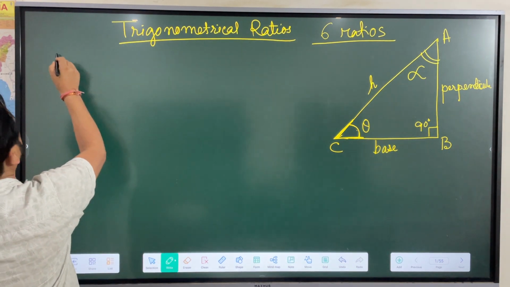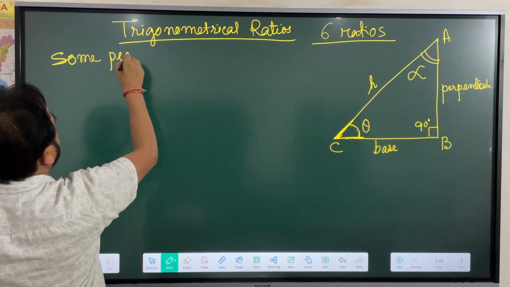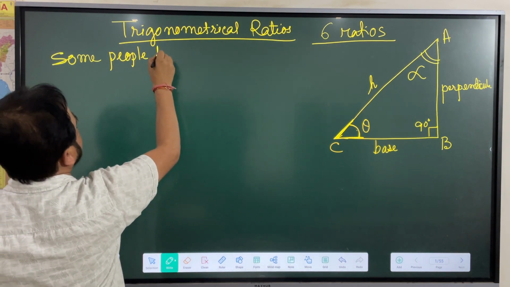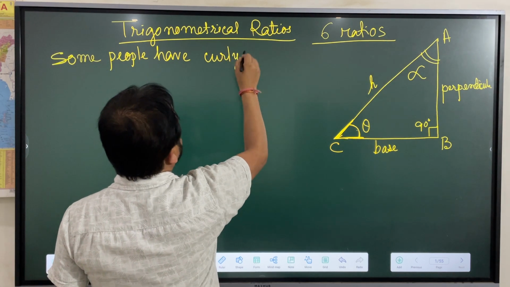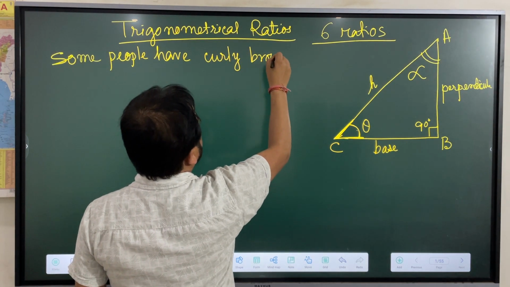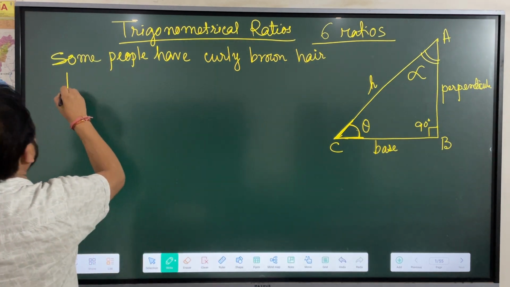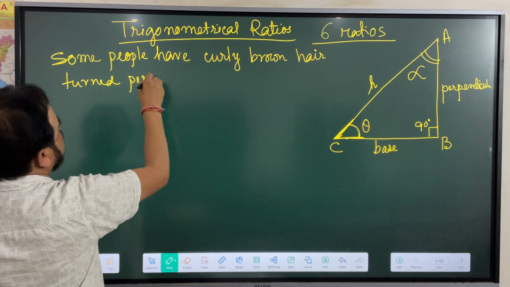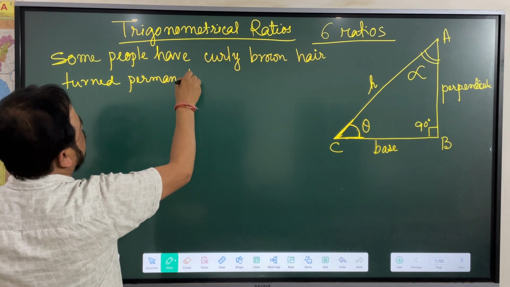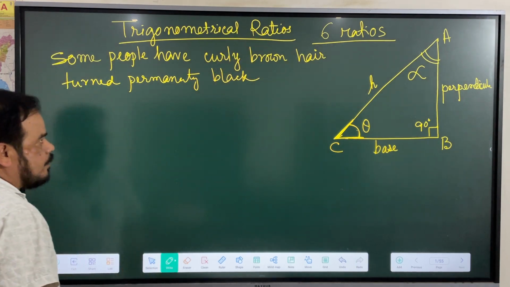There is one popular sentence: Some people have curly brown hair turned permanently black.